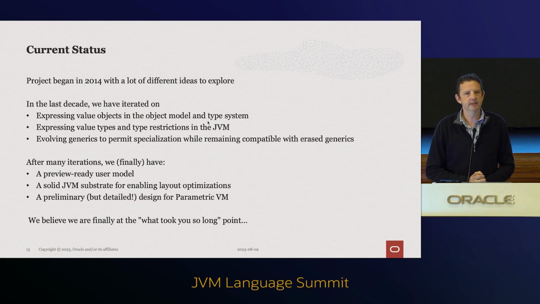Snapshot of where the project is at. We've been at this for a long time, began in 2014. And we've iterated multiple times on expressing value objects in the object model and the type system, expressing value types and type restrictions in the JVM, evolving generics, figuring out how we can make generics work and take advantage of primitive-like behavior as well.